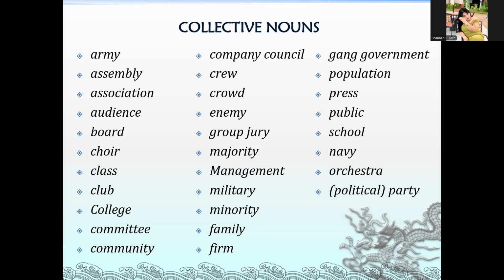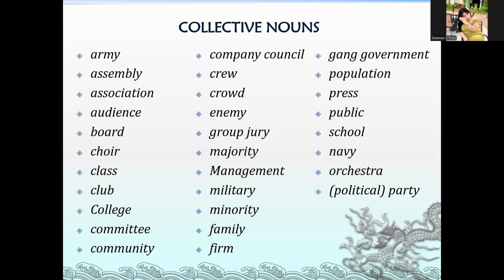Community, company, council, crew, crowd, enemy, group, jury, majority, management, military, minority, family, firm, gang, government. Government. So medyo silent N siya. So you're just gonna say government.